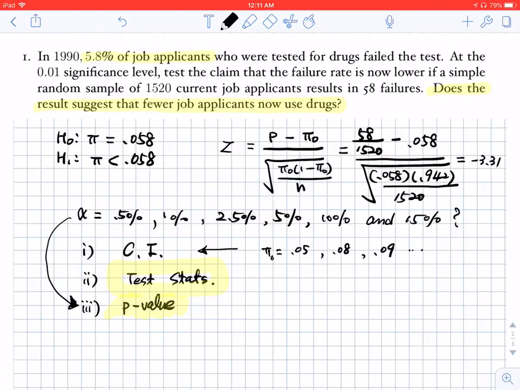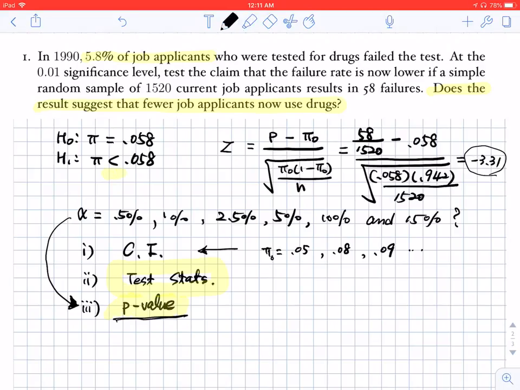In this case, once you calculate the p-value and compare it with each of these alpha values, if the p-value is less than the alpha level, you can reject the null. So let's get into it with our test statistic, negative 3.31. This is a one-tail test, and it is less than, so the left-hand side.